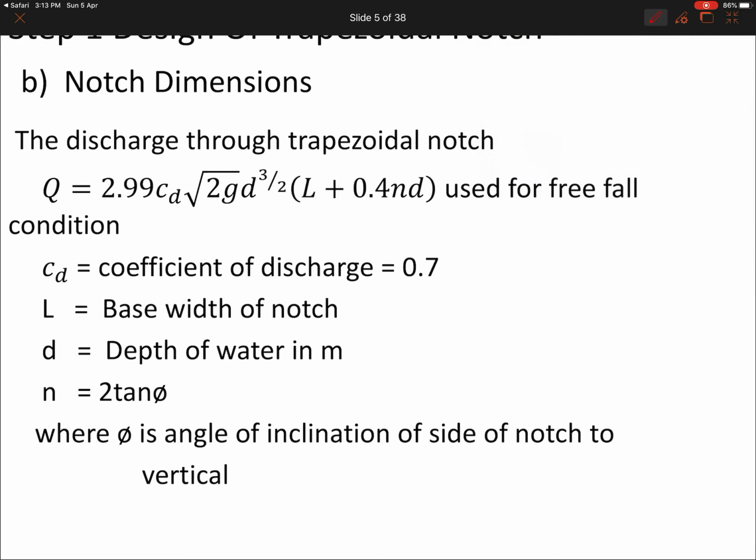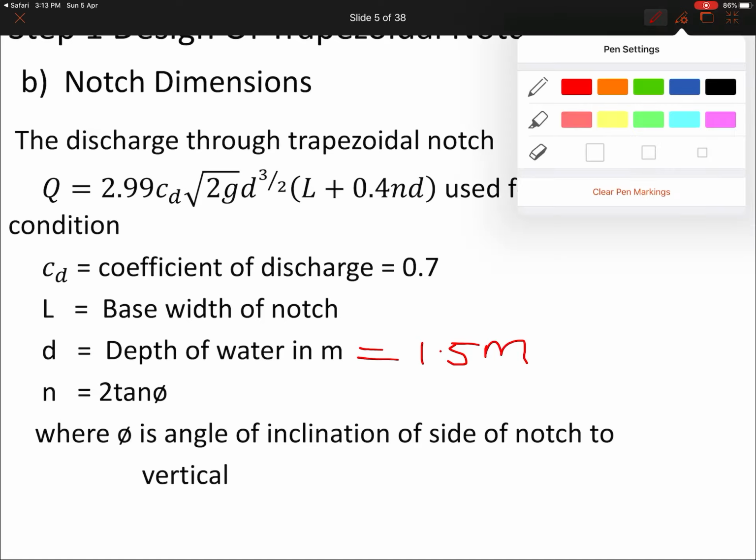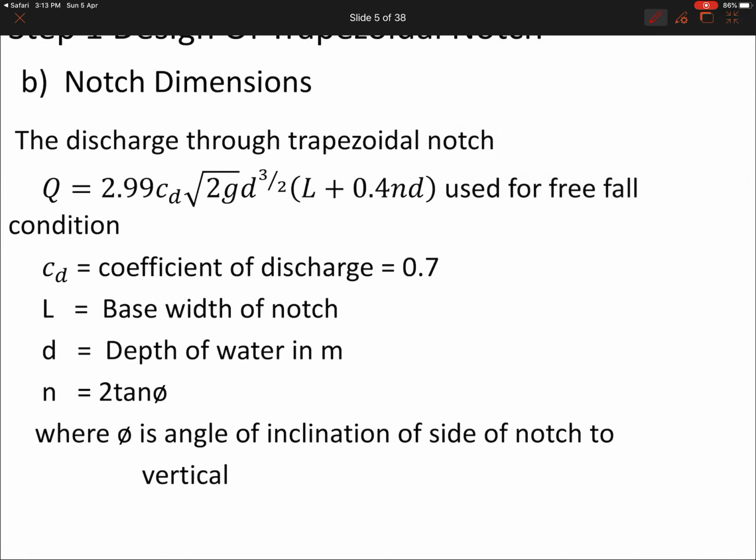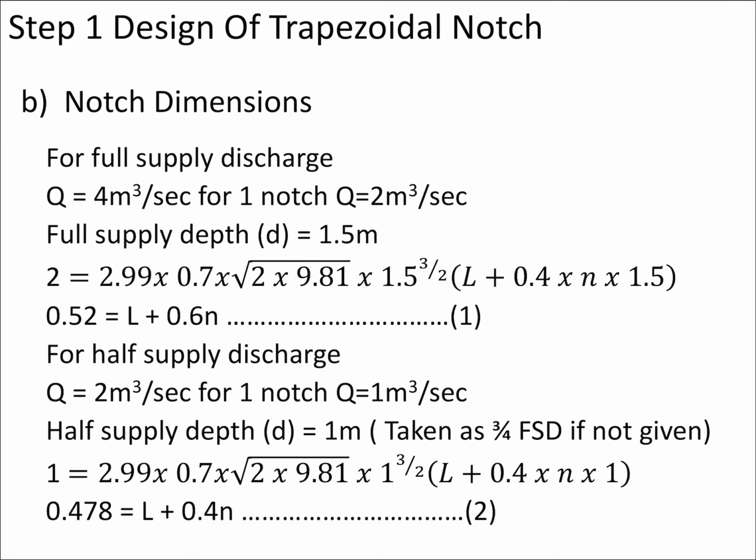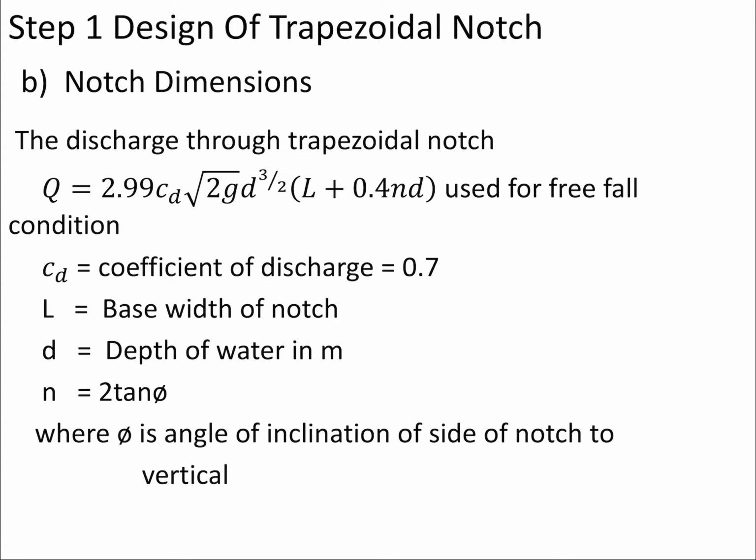Here depth of water is equal to 1.5 meter. Okay, and L is an unknown and even N is an unknown. So we need 2 equations. For that we are taking 2 conditions: full supply discharge and half supply discharge.